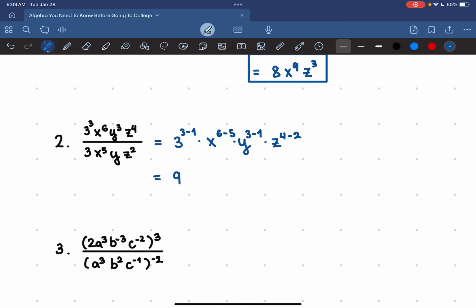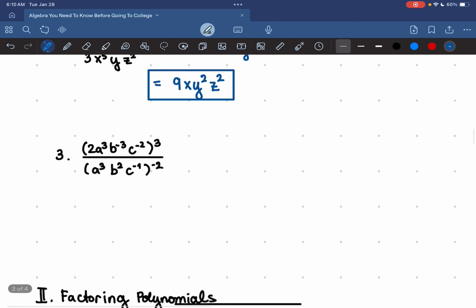Then 6 minus 5, that's x raised to 1. For y, 3 minus 1 will be 2. And then 4 minus 2 will be squared, so z squared. I hope this one is correct. So yeah, let's just box the final answer. There you go. So that's the answer for the second item.